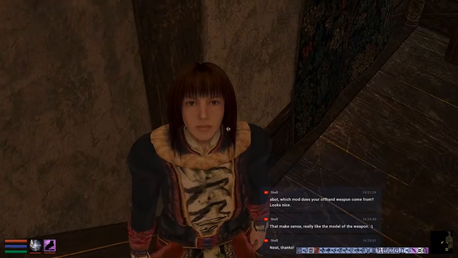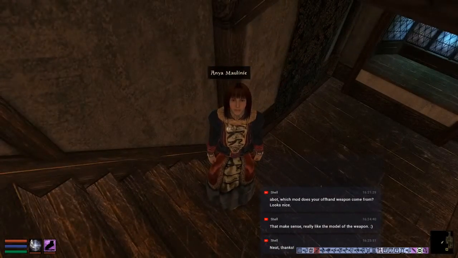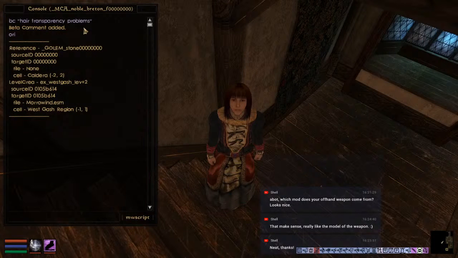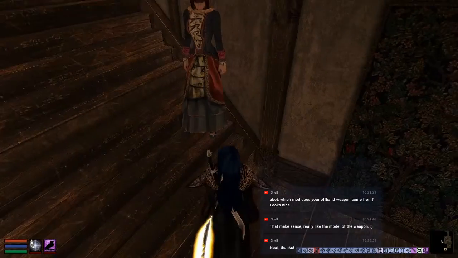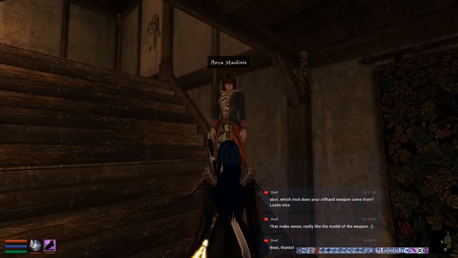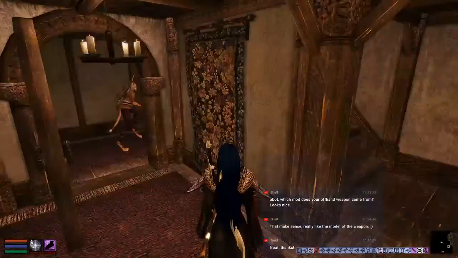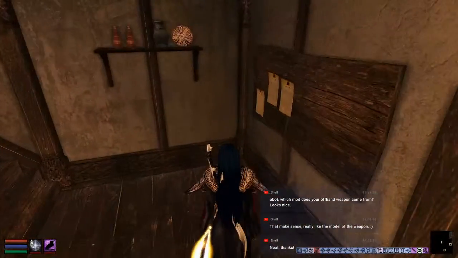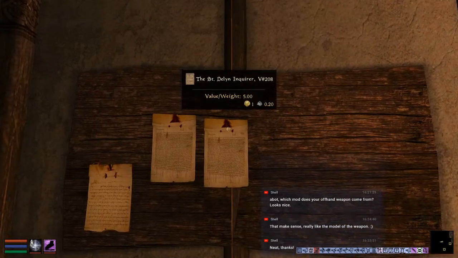For instance, I think she is from the MCA mod. It is easy to understand because you click on her with the console and you see the MCA prefix here, so she's coming from the MCA mod. And she has a name because I tweaked the mod, so I can generate all new names for the MCA NPCs every now and then.